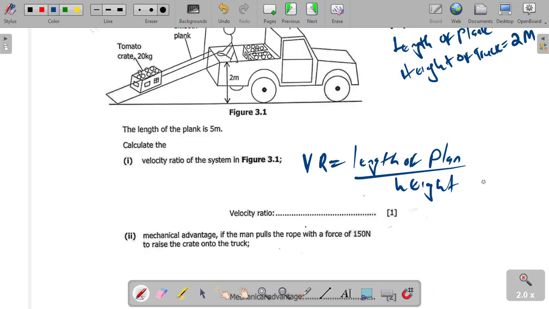Okay, so this is the formula in the inclined plane question.